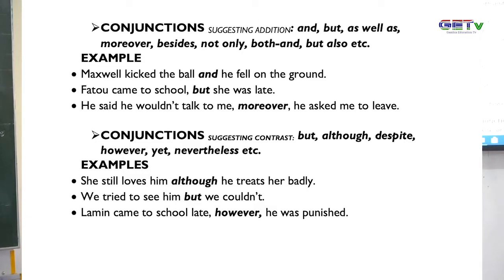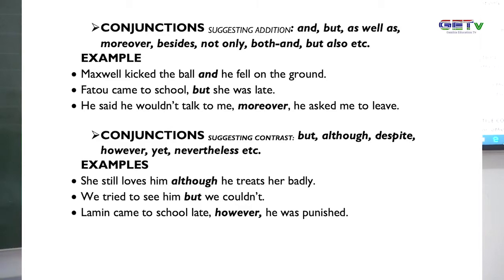When you look at this example, we have two sentences there. "She still loves him" is one sentence. "He treats her badly" is another sentence. But the two are connected by "although", which is a subordinating conjunction, though we are yet to look at that. We are only trying to look at conjunctions suggesting contrast.